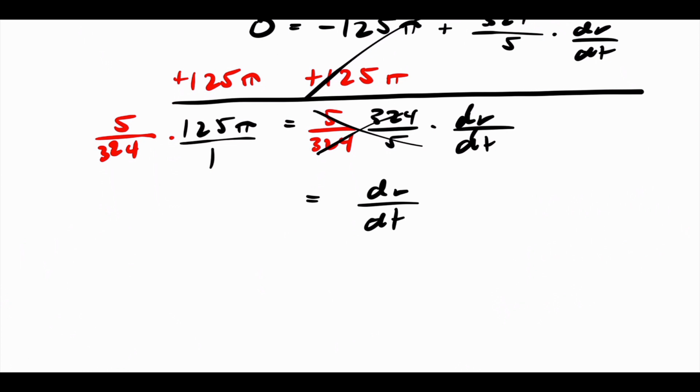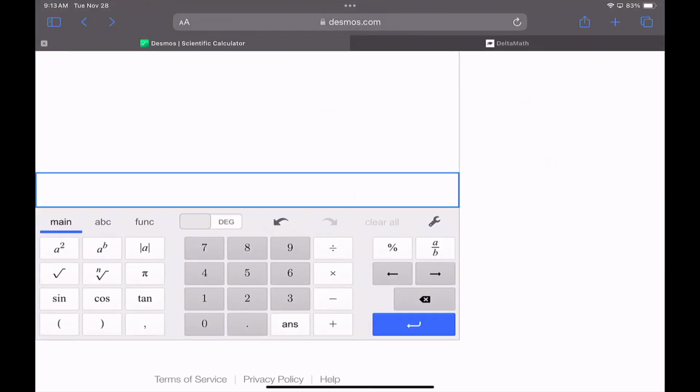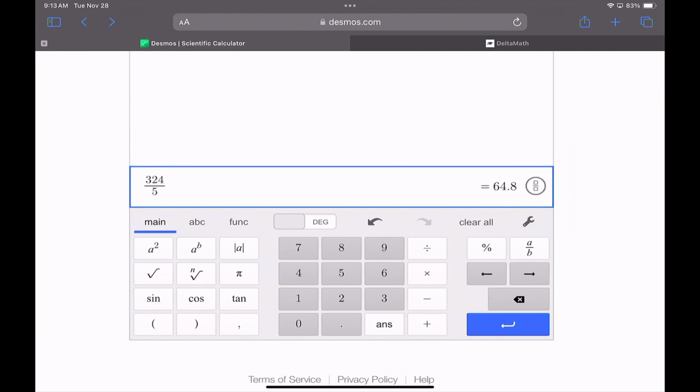So 5 over 324 times 125 pi over 1. See, 324 divided by 5 times 125 pi. Oops.